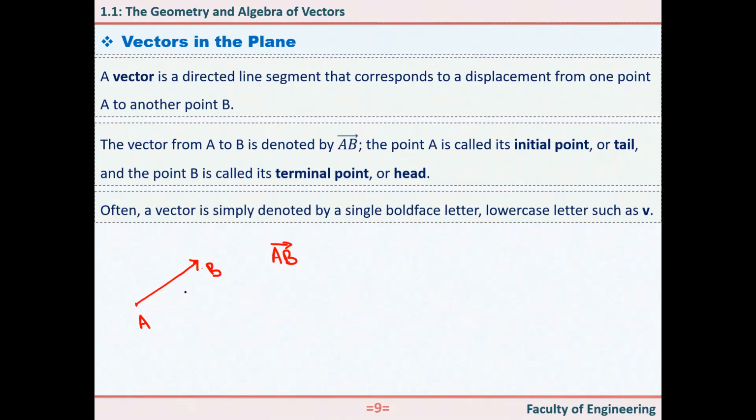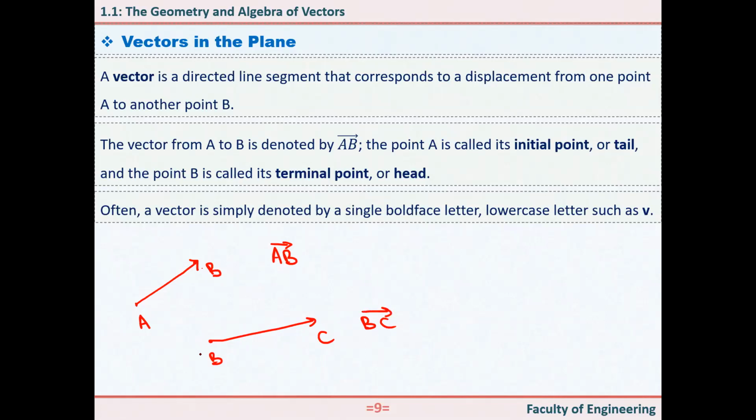And if I draw another vector, I can label this initial point as B, moving from B to A. Let's make another one, B to C, for example. It is the displacement from B to C in this direction, and we show this with capital letters B, C, vector BC.